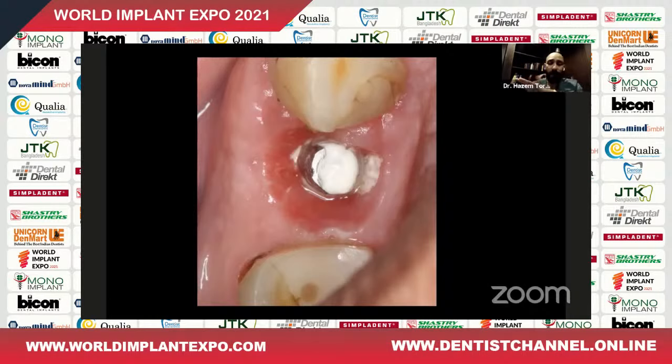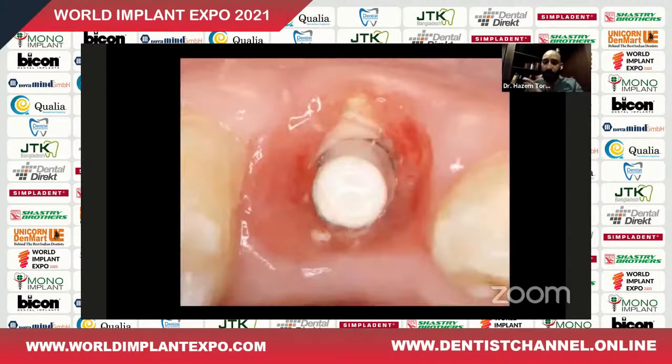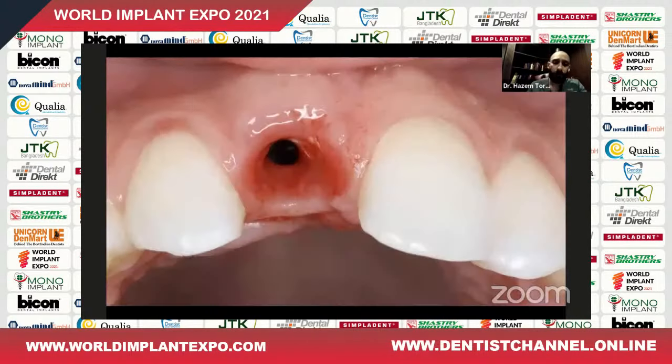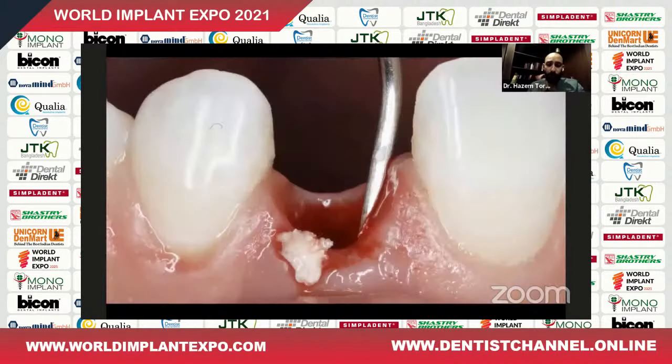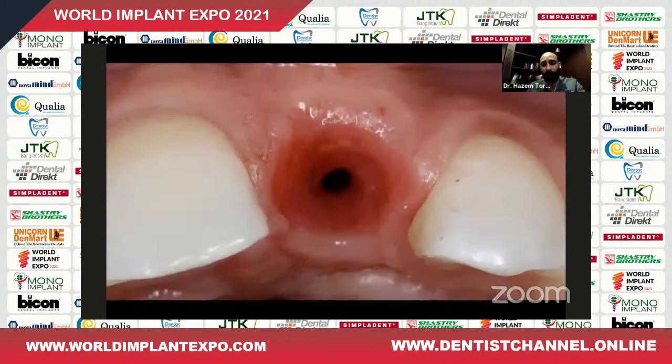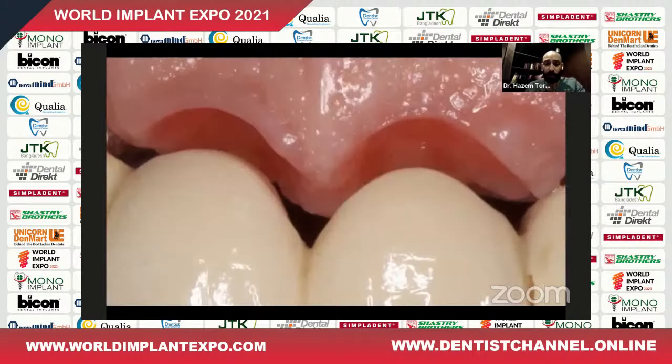So I'm not advocating for being casual with excess cement or not caring about excess cement. I'm just saying that according to the abutment design or implant abutment junction, it could provide some protection from the excess cement, and you need to be careful with this. And here we have excess cement, and we actually removed the excess cement, and we still had healthy peri-implant tissues.